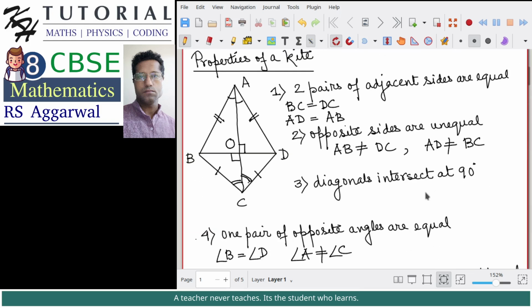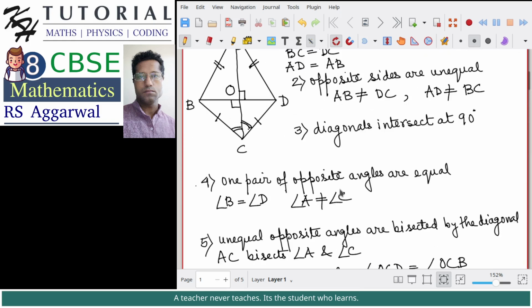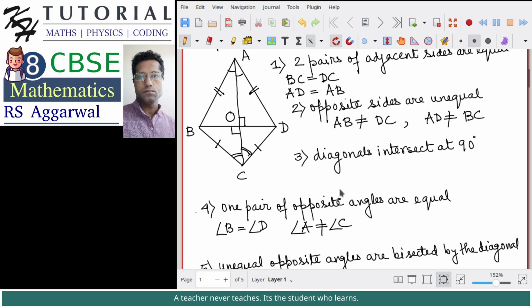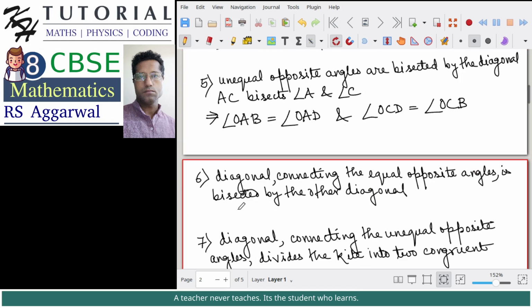So what is the diagonal connecting the two equal opposite angles? In this figure, angle B is equal to angle D. Angle B and angle D are the pair of opposite angles which are equal. The diagonal connecting these vertices B and D is BD. So that diagonal BD will be bisected by the other diagonal. So we will have OB equal to OD.